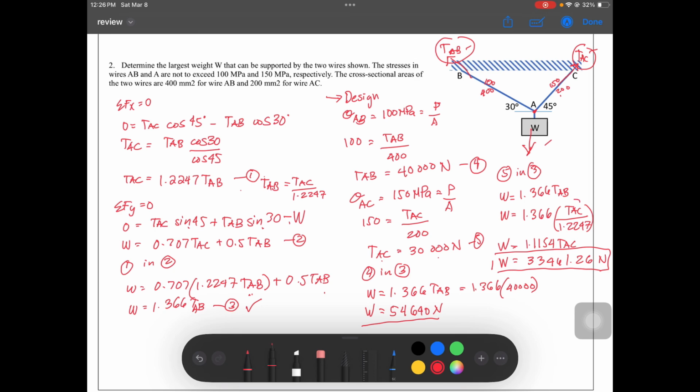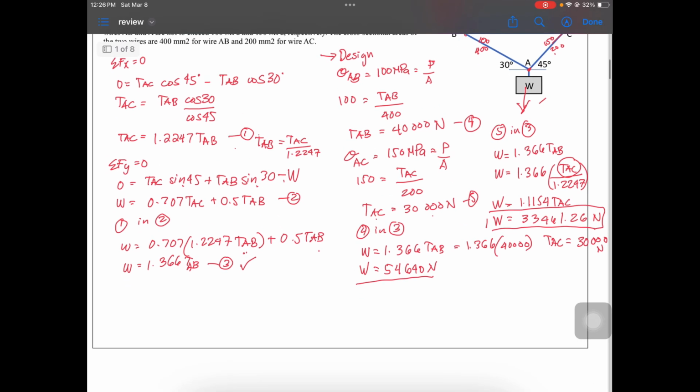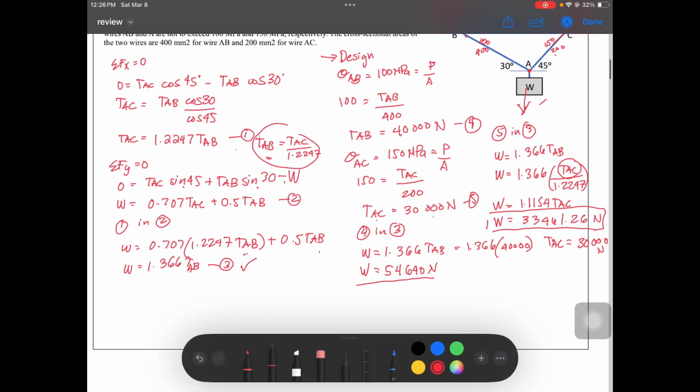Ayun na nga, ito na si TAC. TAC ang nag-govern, ang ginamit natin, which is 30,000 Newton. So, ano naman ang magiging value ni TAB? Yung ginamit natin na to from equation 1. Let's get TAB. So, TAB is 30,000 divided by 1.2247.